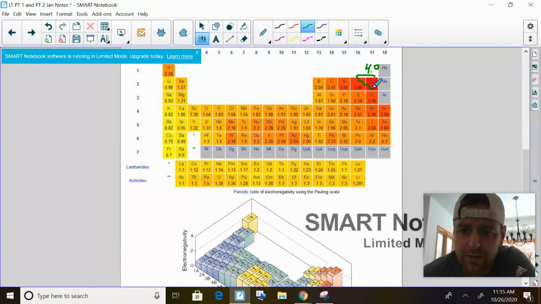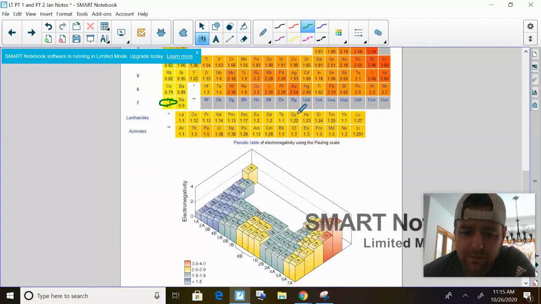Fluorine is what I call the sexiest atom on the periodic table because it really wants to get to 8. The least electronegative atoms would be francium. So the biggest atoms are the least sexy atoms, or the ones that want electrons the least. The smallest atoms are the sexiest atoms because they really want electrons.